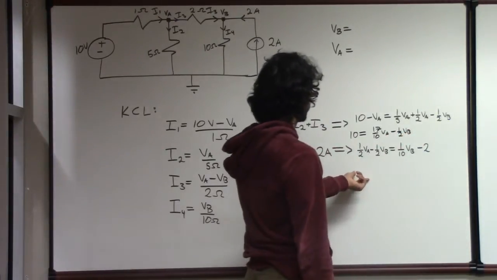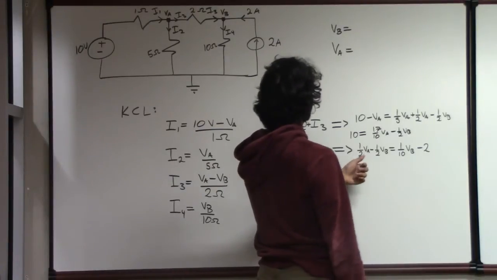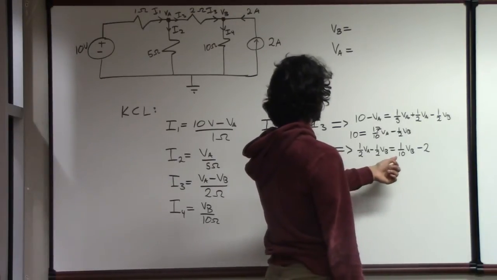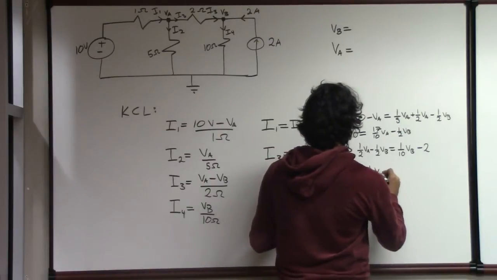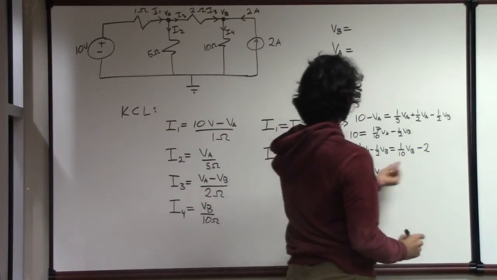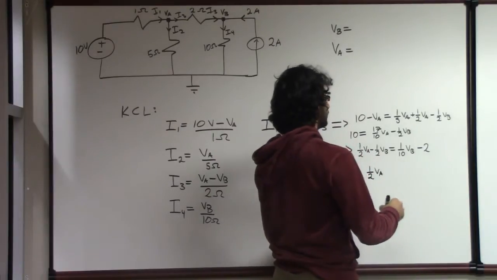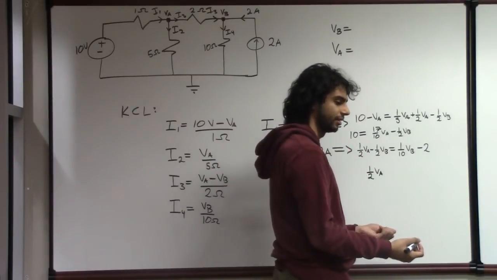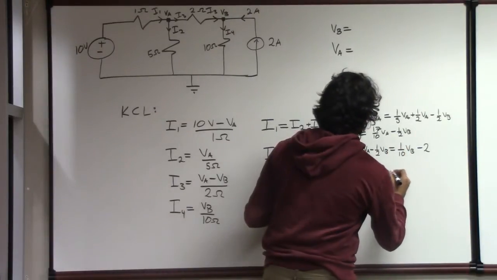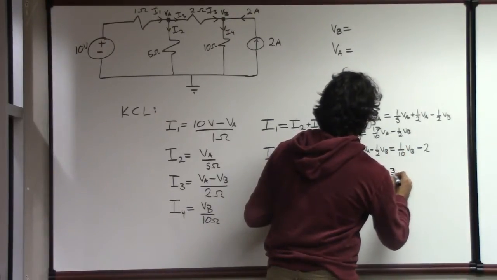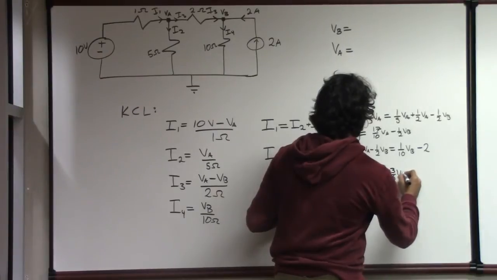And this one is going to give me, let's see, 1/2 VA stays. And then I'm going to move this over, so 1/2 minus 1/10 is going to give me a minus 3/5 VB.